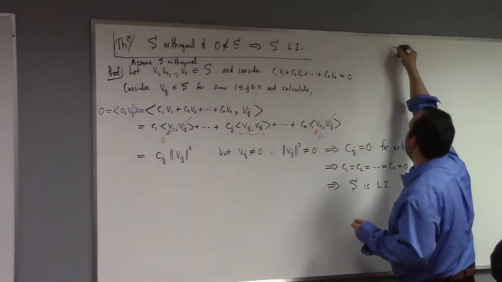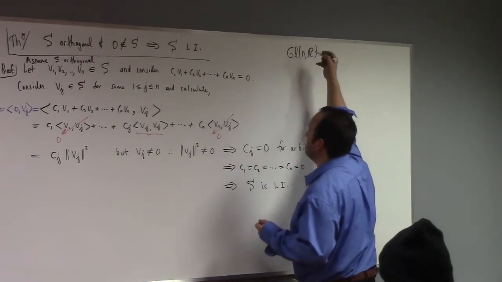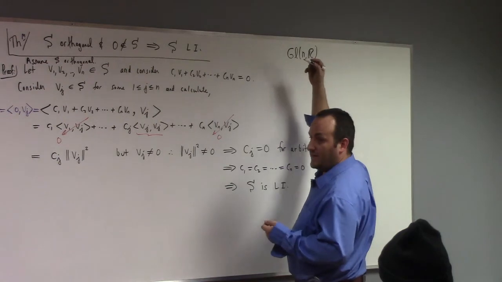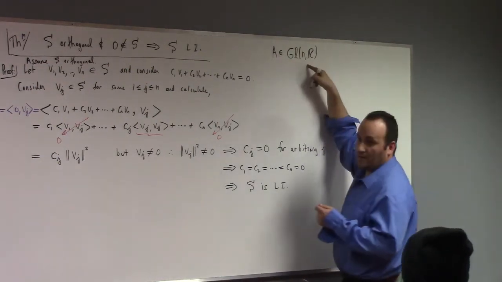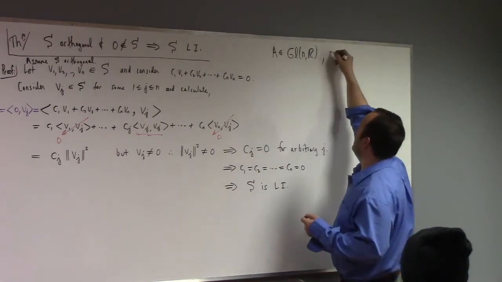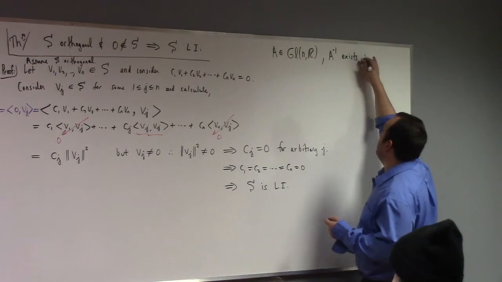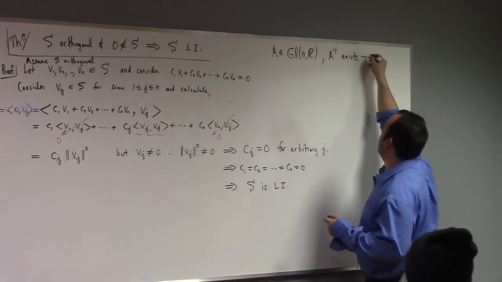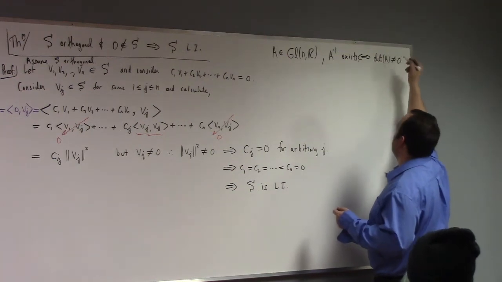If you take any matrix in GL_n(R), let me just be specific to n by n. If you take any matrix A in GL_n(R), in other words, A inverse exists, in other words, the determinant of A is not equal to 0.